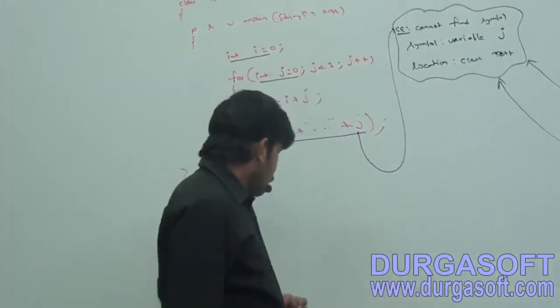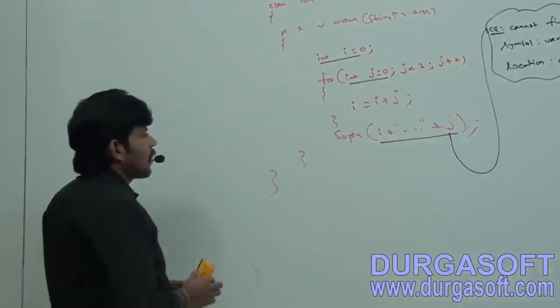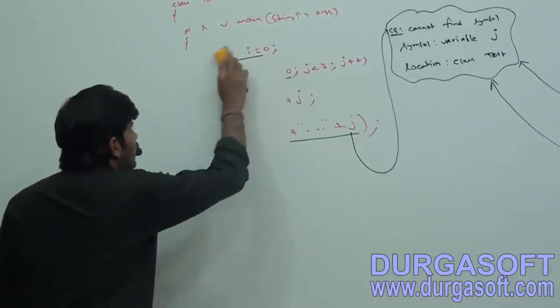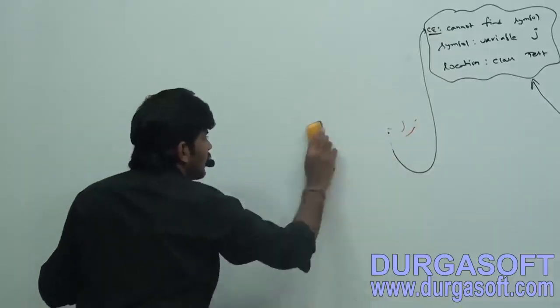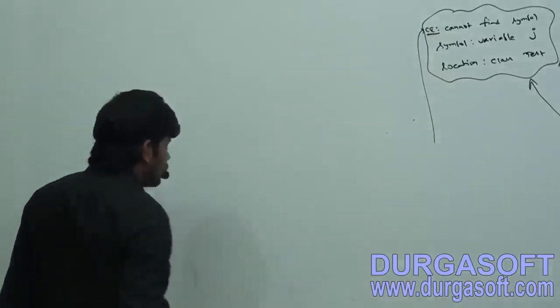Add this: for local variables, JVM won't provide default values.